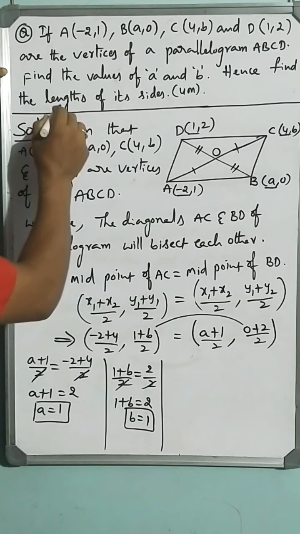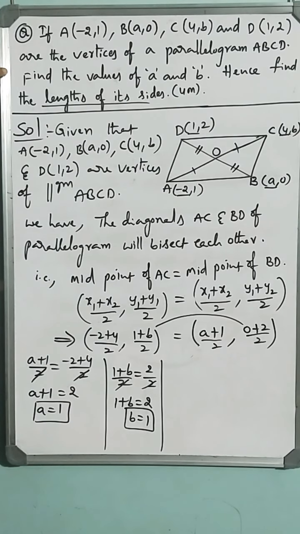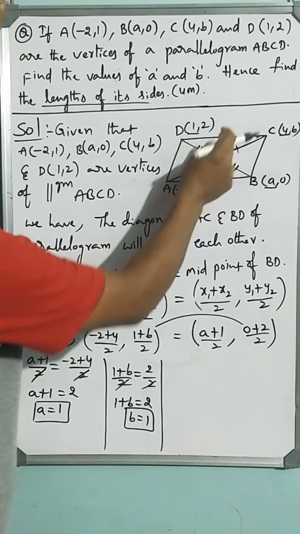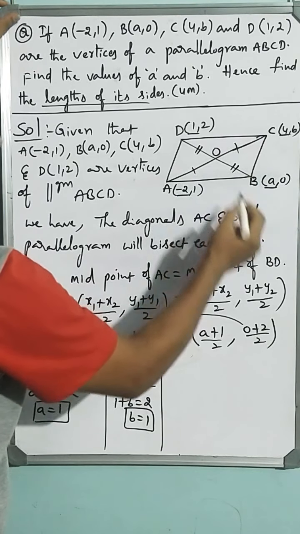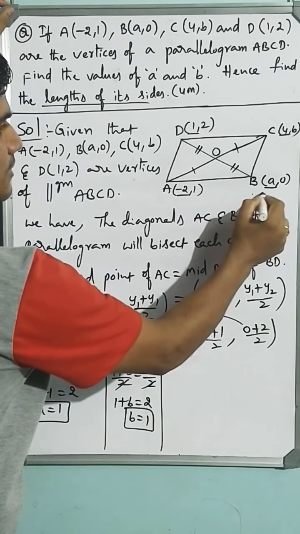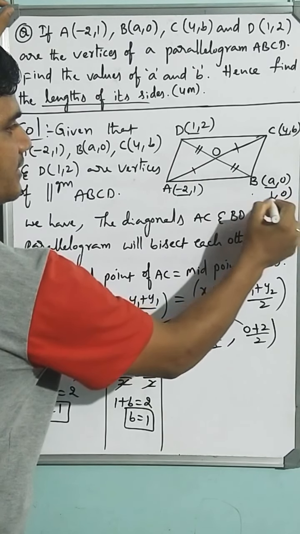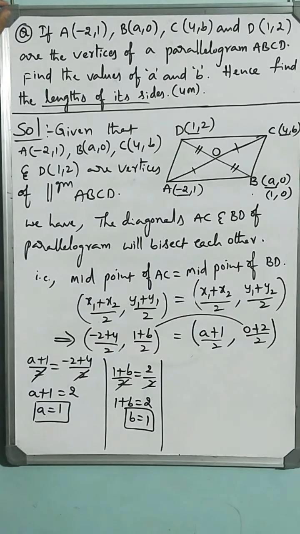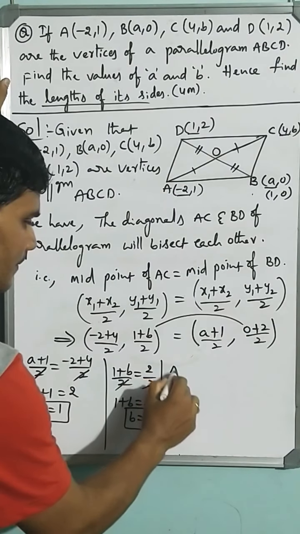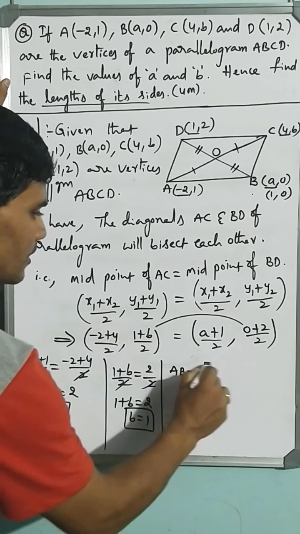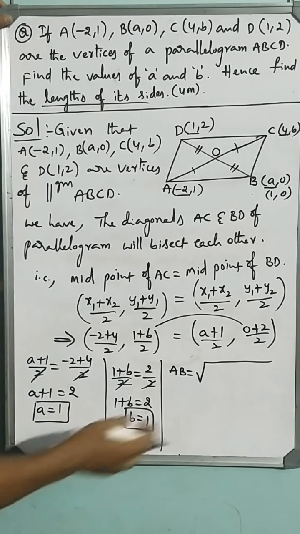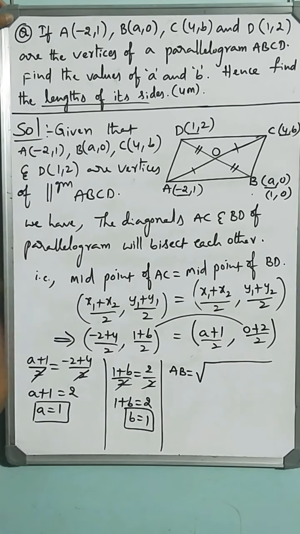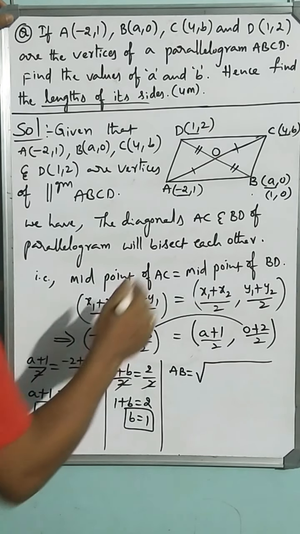And you are asked to find the lengths of the sides. You know AB is equal to CD. If you find AB, you find CD also. The missing coordinate a is 1. So AB means the root of the square of the difference of x coordinates plus the square of the difference of y coordinates.